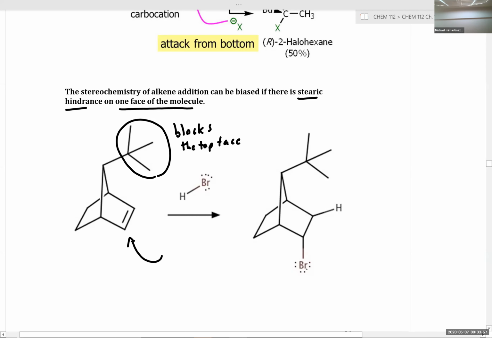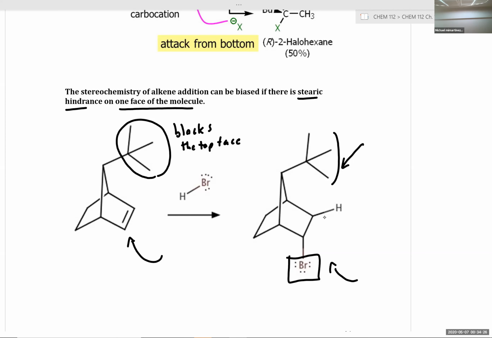This is why we observe our bromine on the bottom face. It adds from the least hindered face. So if we had a choice between two faces, because there's an external bulky group on one face of our molecule, we end up with a little bit of stereoselectivity. This is a somewhat minor case, but we'll see similar substituent effects for other chemical reactions.